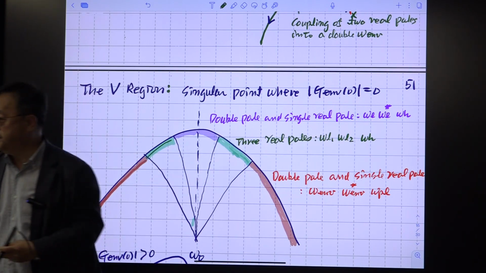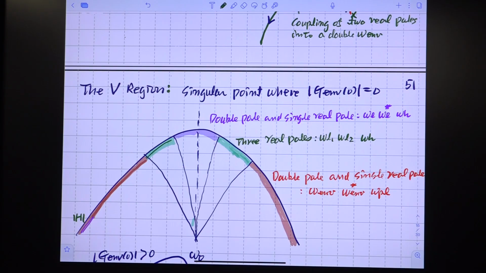So at the center region, you have this low frequency double pole, omega L and omega L star, and the high frequency pole, omega H. In this region, you have 3 poles, and we named them omega L1, omega L2, and omega H, the high frequency pole.